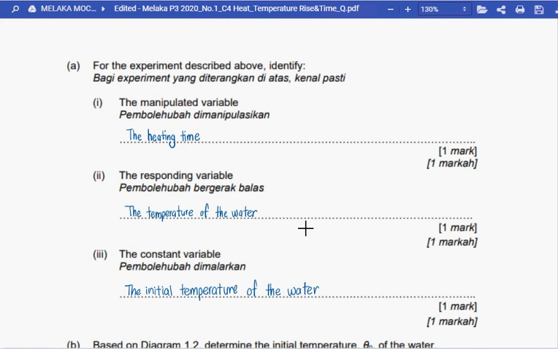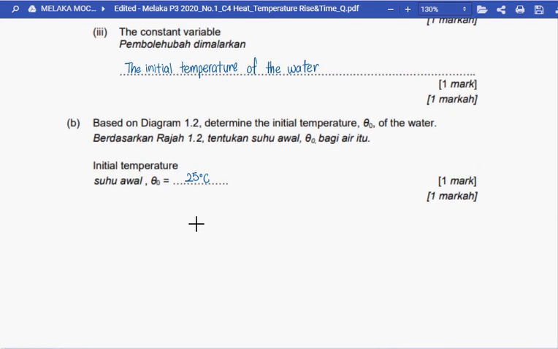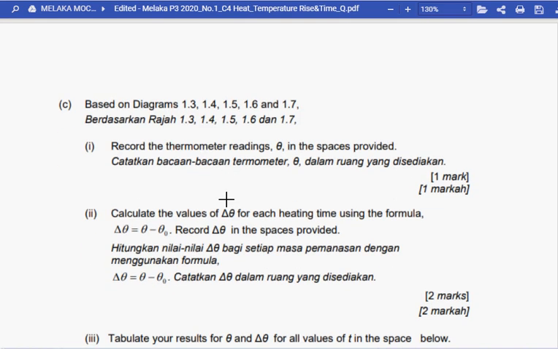Look at the first question. For the experiment described above, identify the manipulated, responding and constant variable. Then based on diagram 1.2, determine the initial temperature theta naught of water. Then based on diagram 1.3 until 1.7, record the thermometer reading theta in the space provided above.